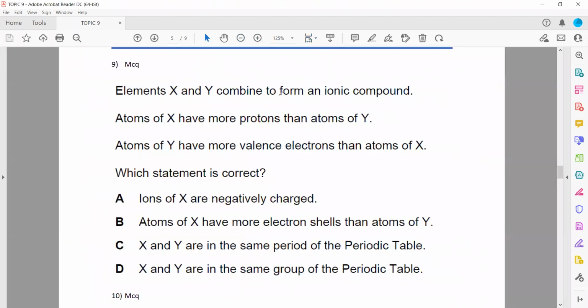Elements X and Y combine to form an ionic compound. An ionic compound means one should be a metal and the other a non-metal, because an ionic compound can only be formed when a metal combines with a non-metal. An atom of X has more protons than an atom of Y, but that does not give any idea about whether they are metal or non-metal, because they can have more protons and more electrons.